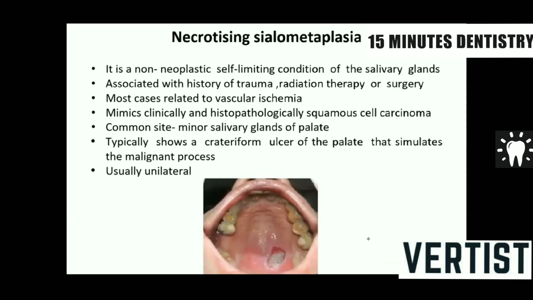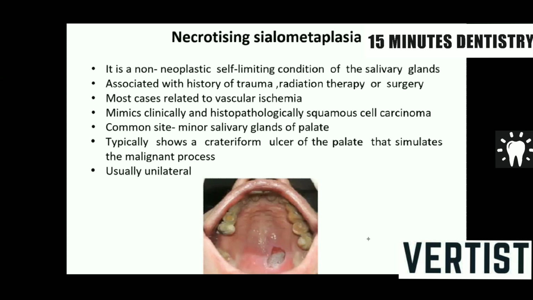One last disorder of salivary glands is necrotizing sialometaplasia. It is a non-neoplastic, self-limiting condition of the salivary glands. So you will ask me, why do we need to bother about it when it is self-limiting, when it is not a neoplasm? The answer lies in the point that it mimics squamous cell carcinoma clinically and histopathologically. If you see an appearance like this, a crateriform ulcer of the palate, it simulates a malignant process.